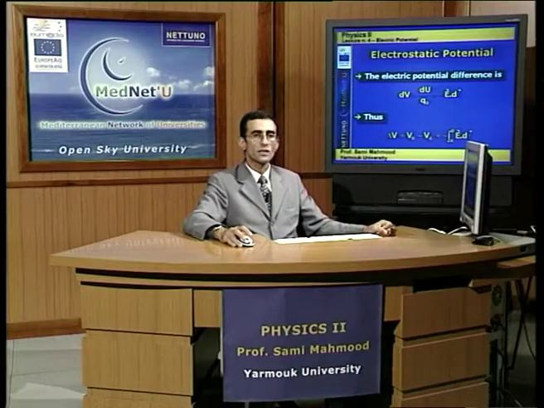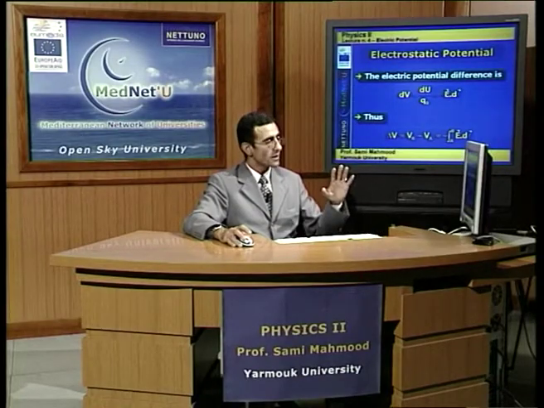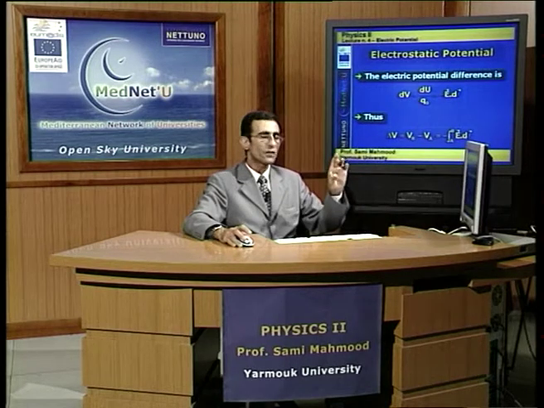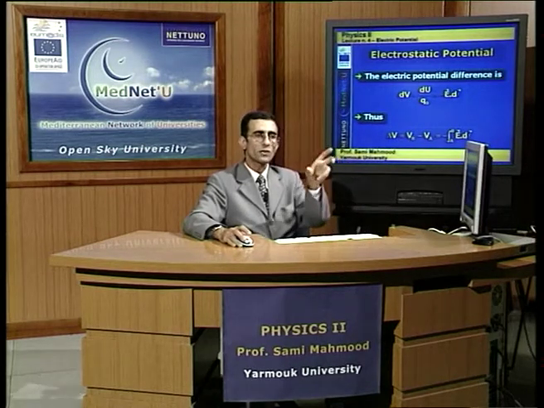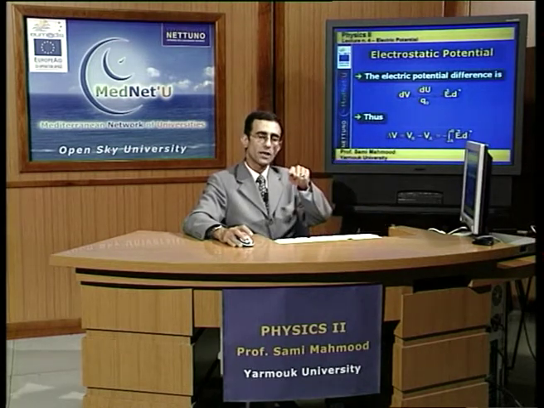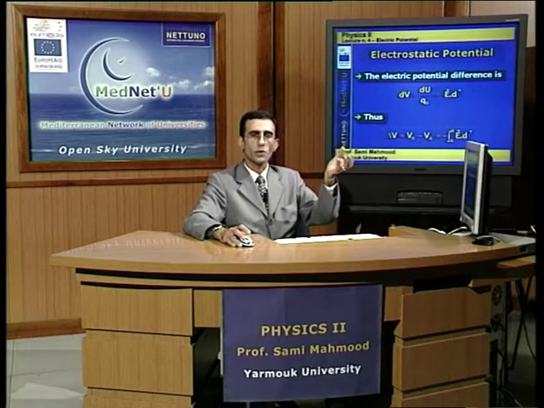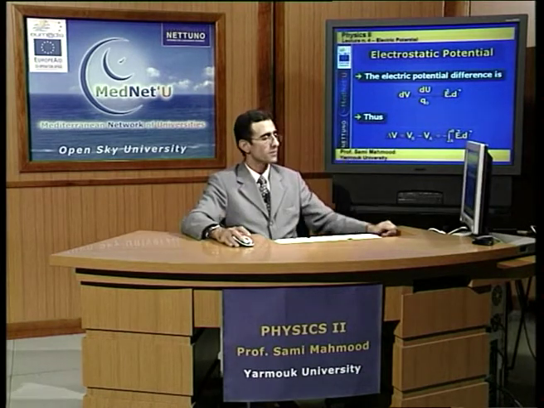That integral gives us the definition of the difference in potential between two states of the system as a charge, for example, or a collection of charges moves in the system.